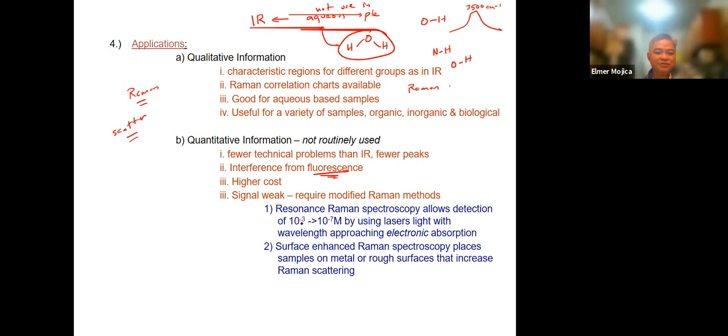To circumvent the problem of fluorescence, you can use your IR. So that is the usefulness here: if we cannot use one of the methods of vibrational spectroscopy, we use the complementary method that we have.